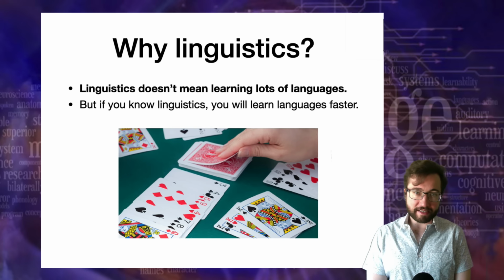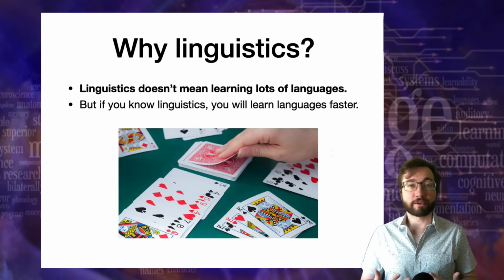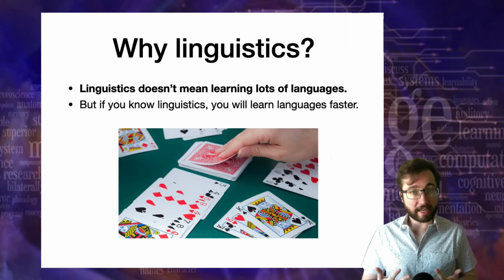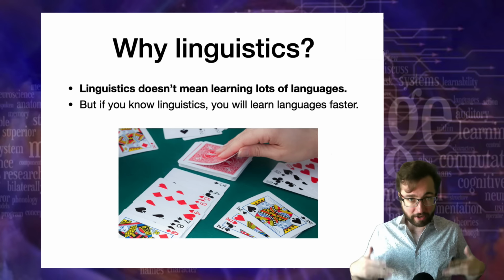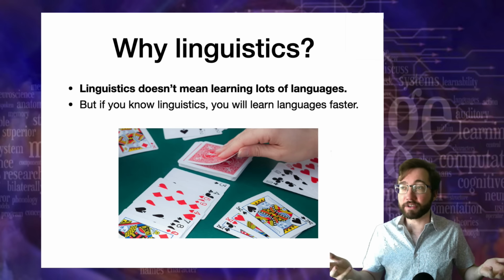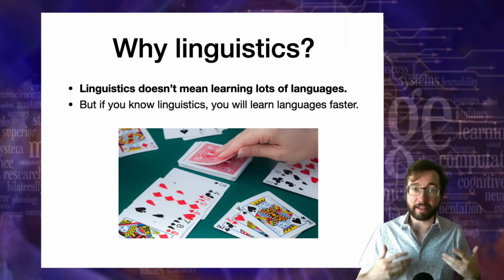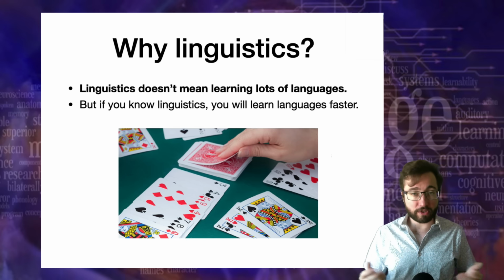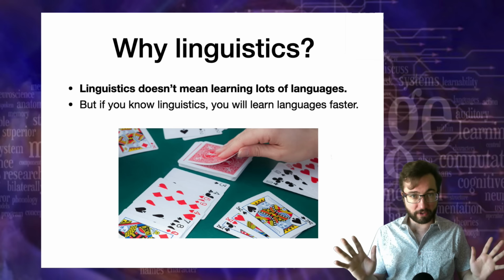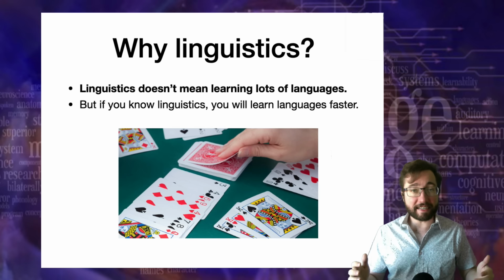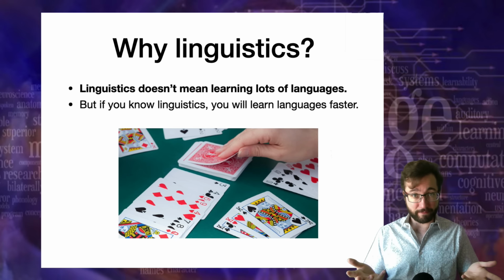You can think about this as something like learning card games. Learning a language is kind of like learning a card game. Now, if you understand the principles that underlie all the different card games, like the fact that usually a king is worth more than a 3, and that there are the different suits and the different colors, once you understand these underlying principles of all card games, it becomes a lot easier to learn any new card game.